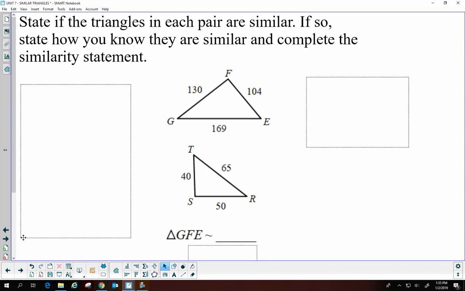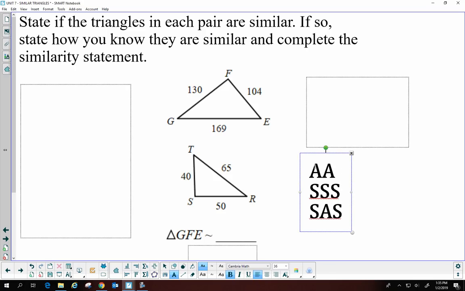We'll do a couple more together here. Again, my process, list the options. It also helps you in making it concrete that you know what the options are. I don't know anything about the angles in these two triangles, so angle, angle, and side, side, not an option.